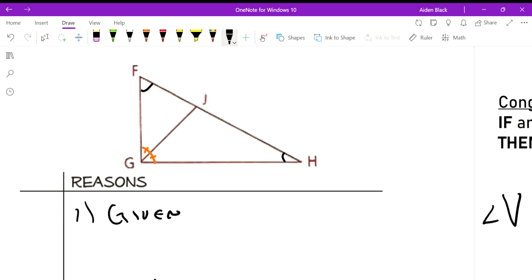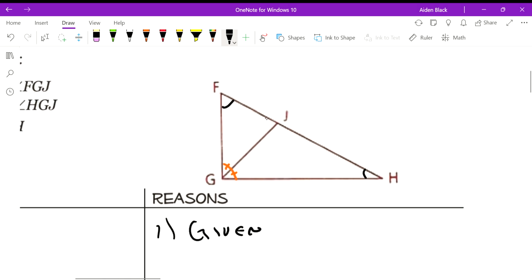And I'll give you some numbers so that you can sort of see what's going on here. If we're given that these two are complementary, and let's say angle F was 60 degrees. If these were complementary, it means they add up to 90. So this angle FGJ would have to be 30. Now, since GJ is bisecting this entire angle, we know that these are congruent.